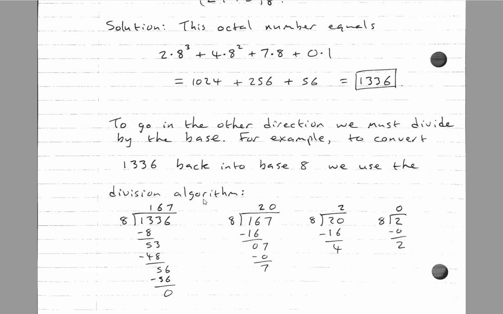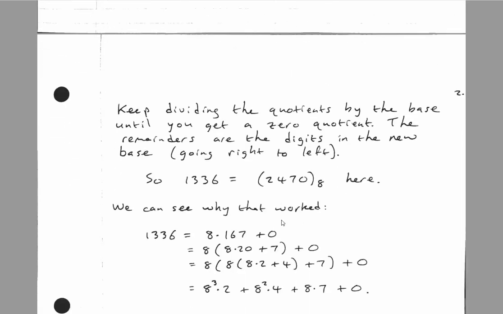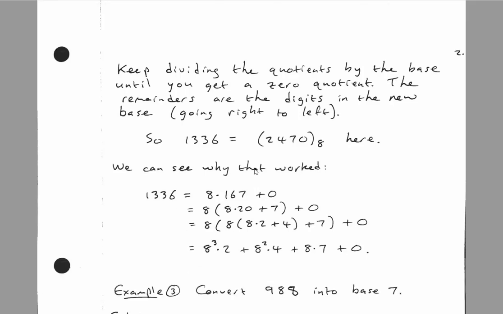All right, so yeah, another application of the division algorithm, quotients and remainders. And we can see why that makes sense, just in this example. For the original number, dividing by 8, we get this quotient, and the remainder was 0.